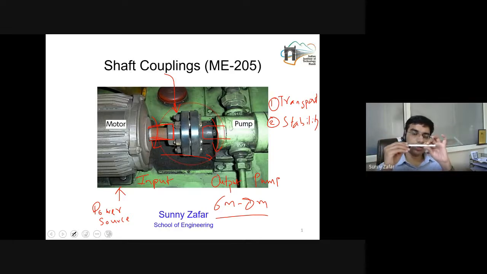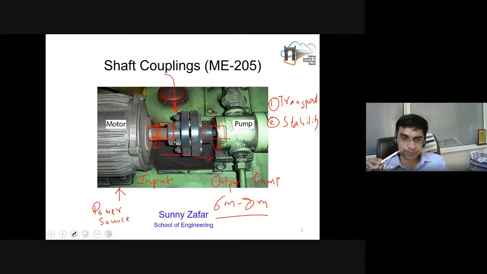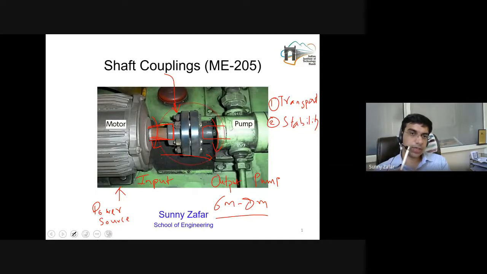Generally shorter shafts will have less eccentric motion, so the stability will be more. So the idea here is to understand how to draw these shaft couplings. Now the application is becoming clearer: the objective is to join two shafts for power transmission.